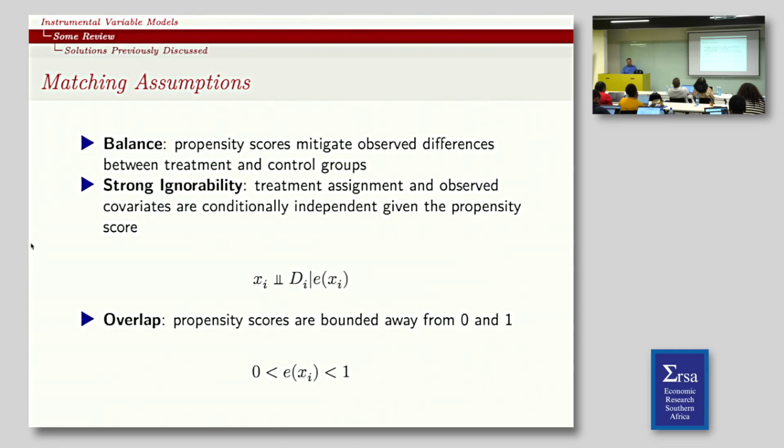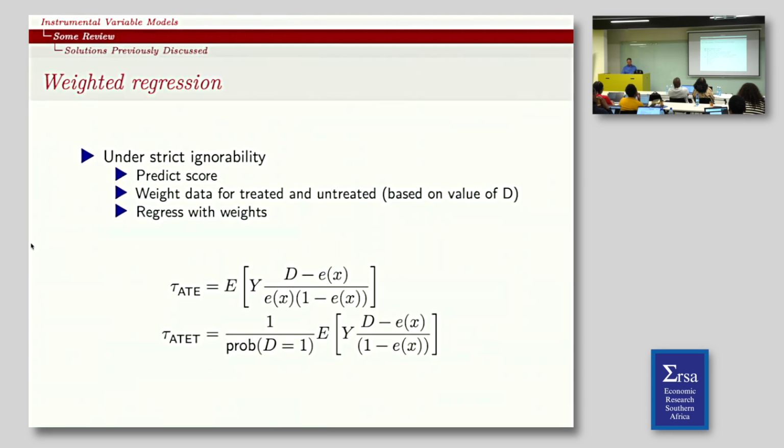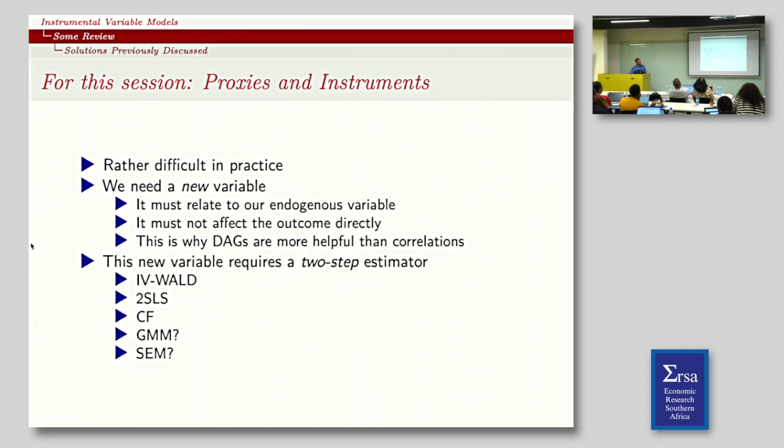We had this balanced discussion, we had this strong ignorability assumption, and we had this overlap assumption. Okay. In practice, we do this via weighted regression because, well, with weighted regression, it's easier to calculate standard errors than with matching.